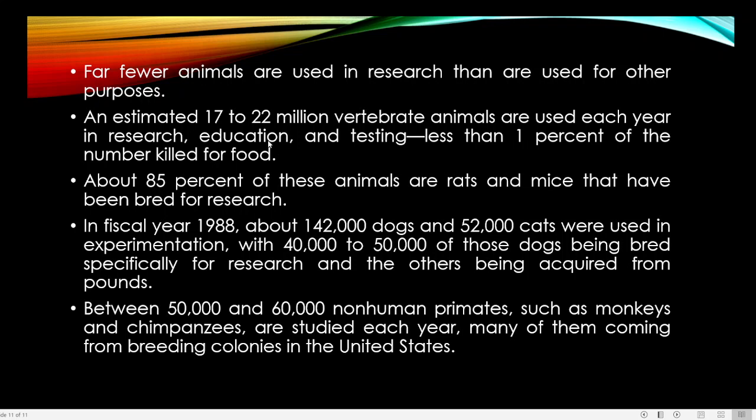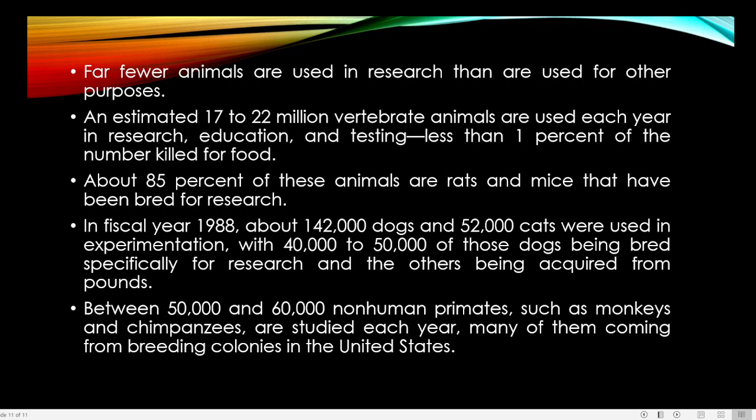So you can imagine how many animals are being killed or subjected to this kind of torture in the name of research. About 85% of these animals are rats and mice that have been bred for research. Then in the financial year 1980, about 1,42,000 dogs were used, 52,000 cats were used, and 40 to 50,000 of these dogs were specifically for research.